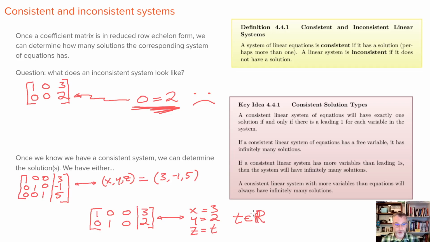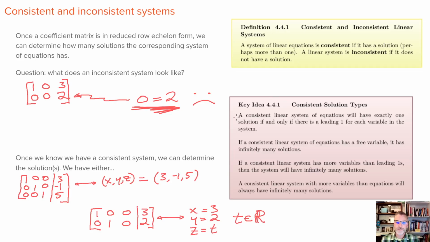It has a solution. It just so happens to have infinitely many solutions. And that's what this box here is indicating. If a consistent system has a free variable, it has infinitely many solutions. So that's this case here.